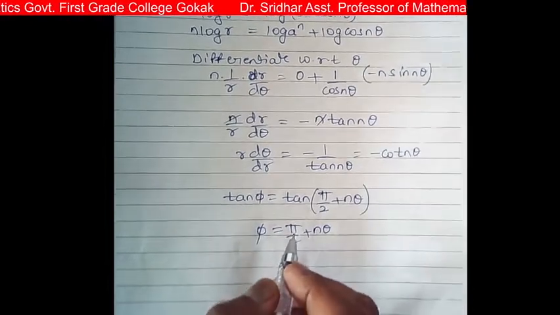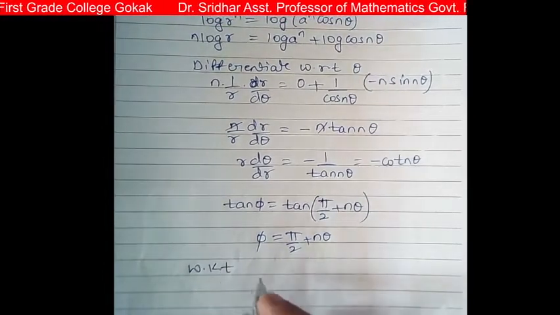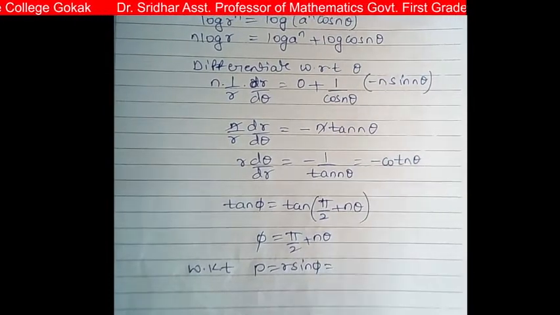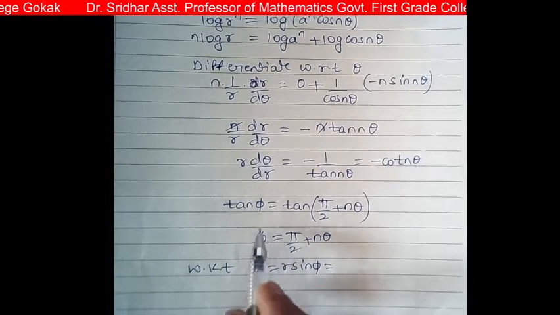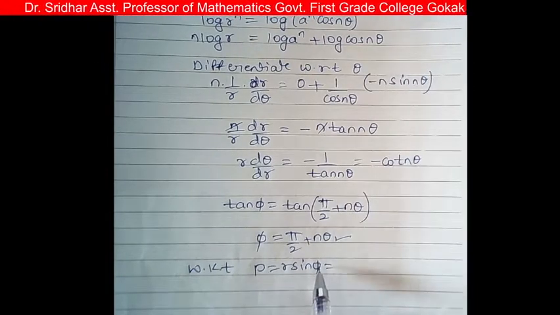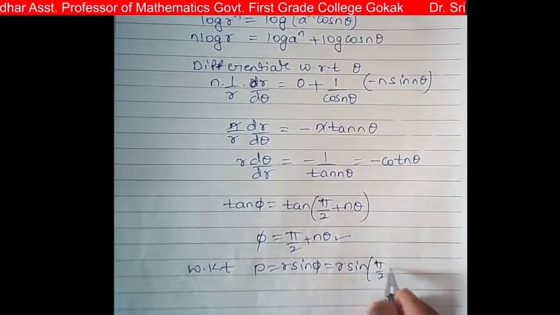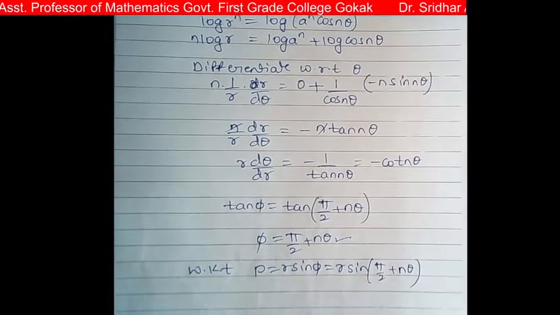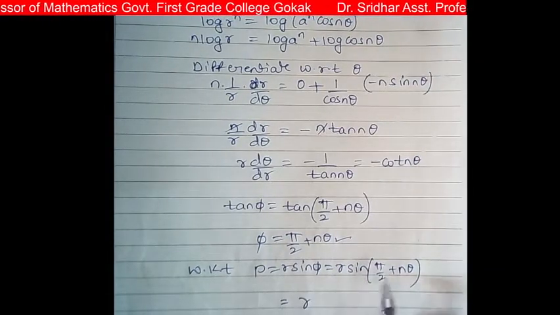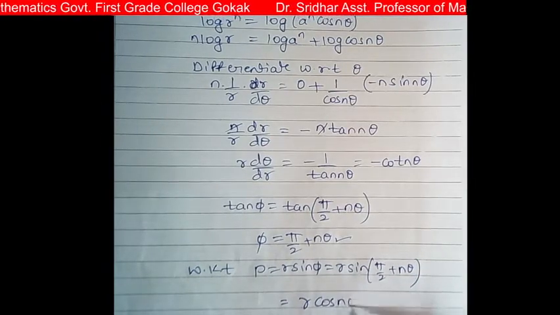So now we know that the length of the perpendicular p is equal to r sin phi. Now substitute this value of phi, which is r sin of pi by 2 plus n theta, which is r cos n theta.